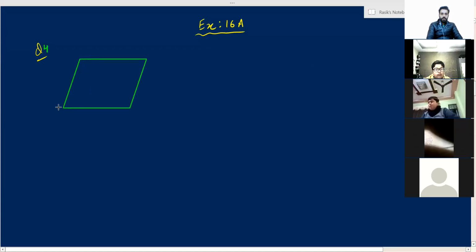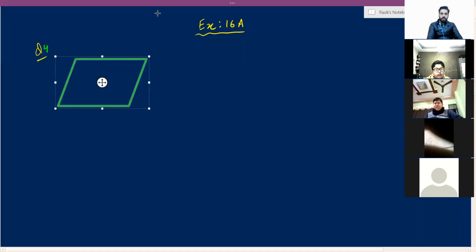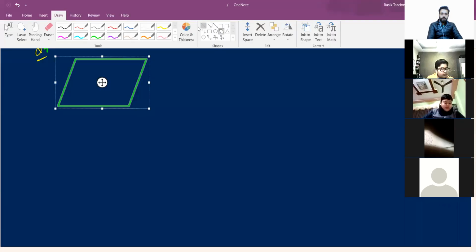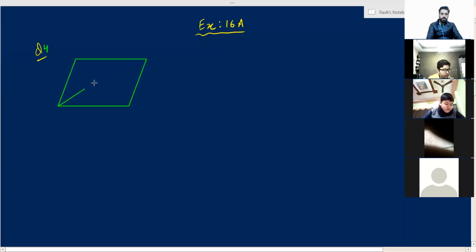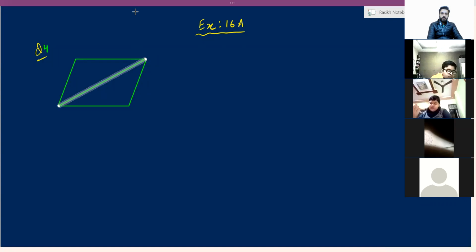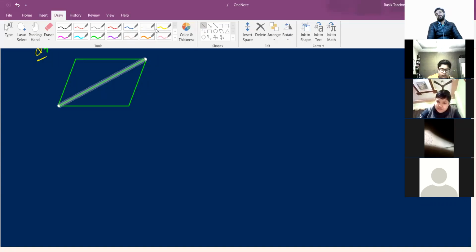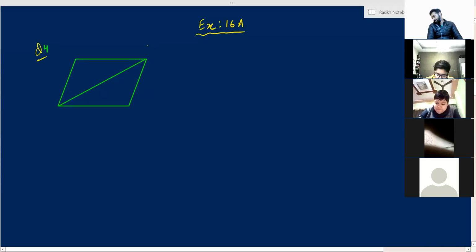Question number 4. This type of quadrilateral is given in question number 4. This is the diagonal of the quadrilateral ABCD.